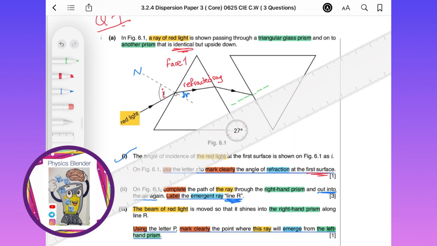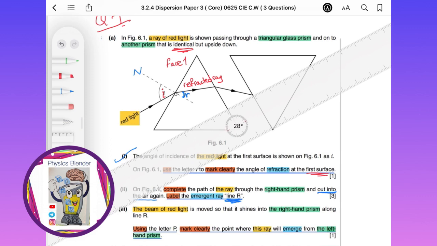Okay guys, any construction lines, we should draw them as dotted lines.